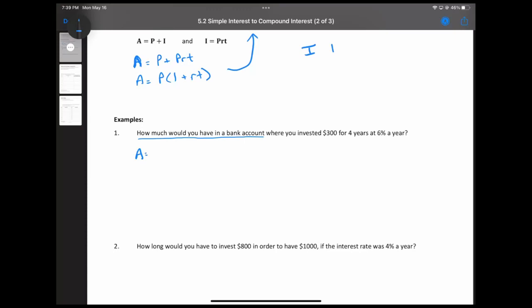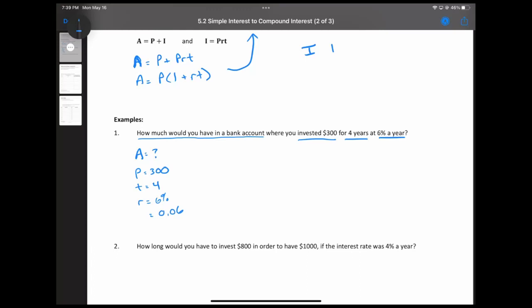And since it's asking us how much we're going to have, that's our unknown, that's our question mark. We're investing $300. That's going to be our starting amount or our principal. For 4 years, so time equals 4, and 6% a year, so R is 6%, which is 0.06.